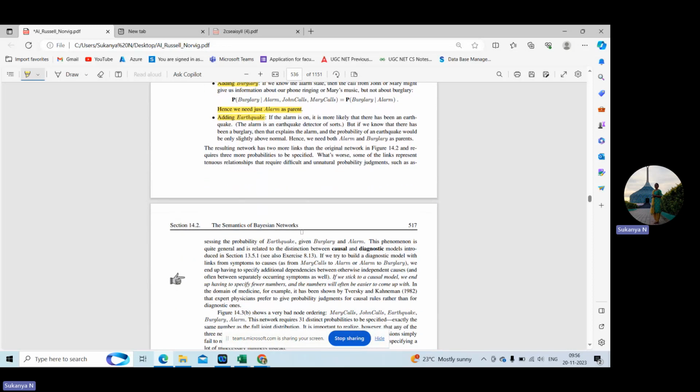Right. Then if we add John calls and Mary calls, what will be the parent node? How can we write the probability of John calls given alarm? The alarm will have the parent nodes Mary calls, comma, John calls.